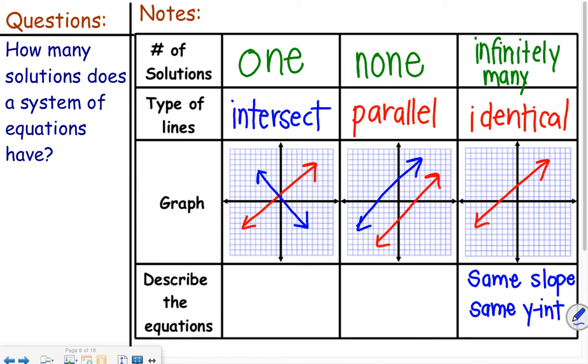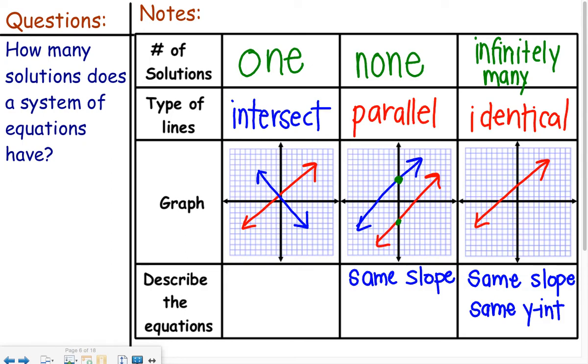If 2 lines are parallel, we know that parallel slopes stay the same. So they also have to have the same slope, but they have to have different y-intercepts, meaning they cross the y-axis at different spots. So we're just going to say what's in common is the same slope.